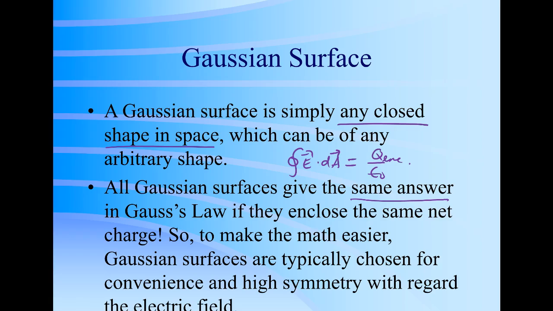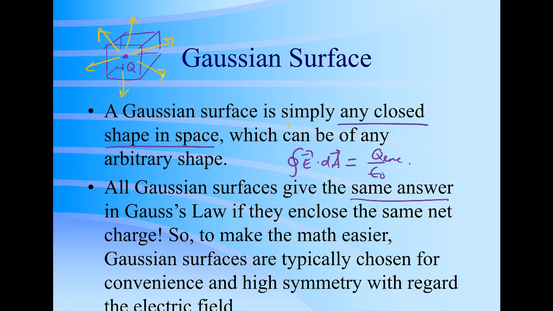So, for example, you would not want to have a point charge and surround that by a Gaussian cube. And the reason for this is if you think about what this point charge is doing, let's say it's a positive charge, it would have an electric field that is going outwards radially, so like so and like this and like that.